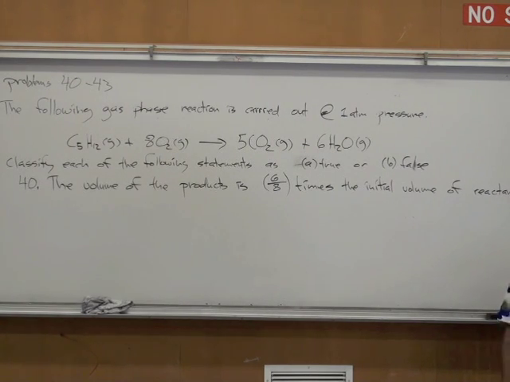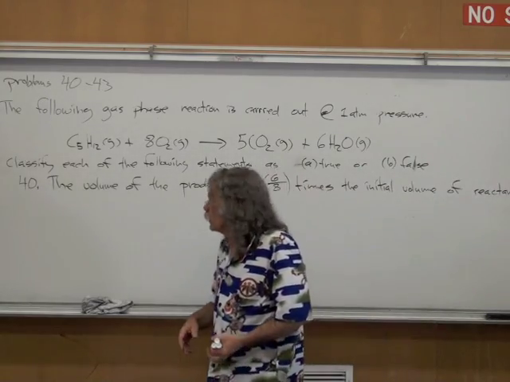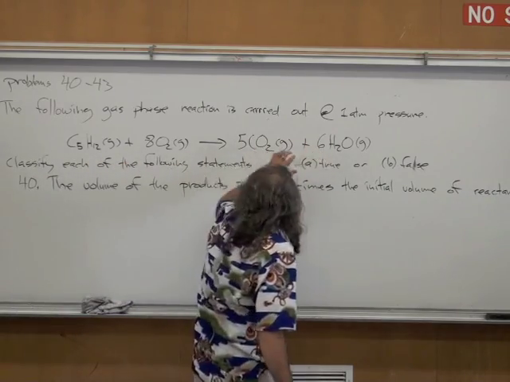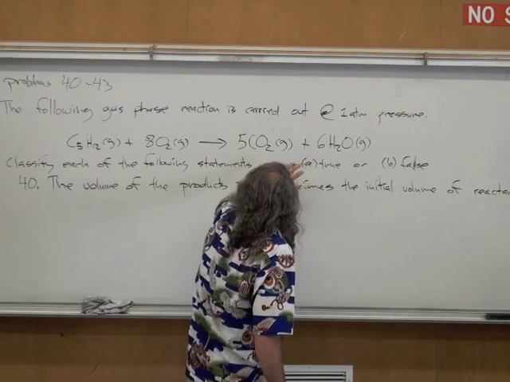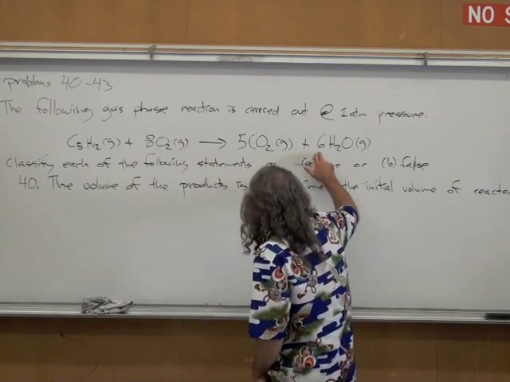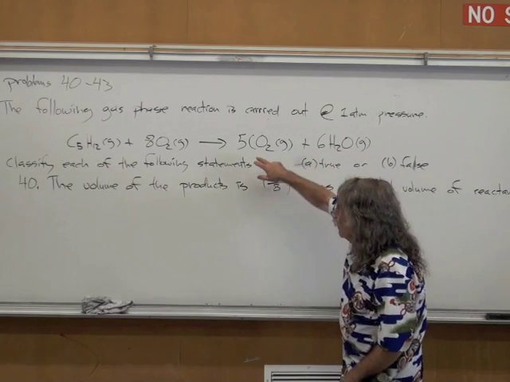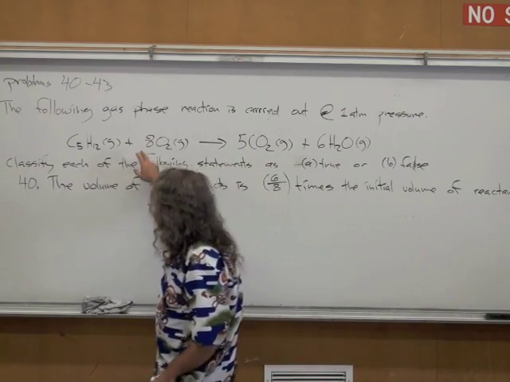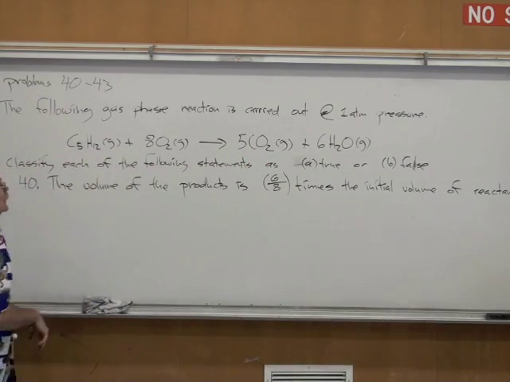Equal volumes of gases at equal temperatures and pressures contain equal numbers of molecules. So then, since the mole is just a number, what sort of ratio of volumes am I going to expect here? If I have 6 volumes of water and 5 volumes of carbon dioxide, that would be 11 volumes, and this is 11 to 9.